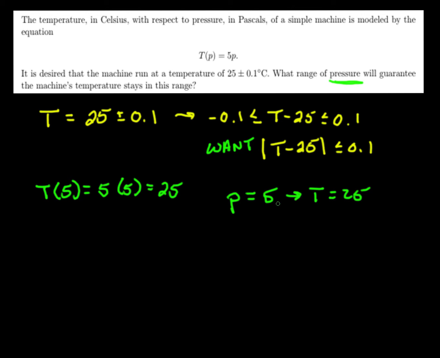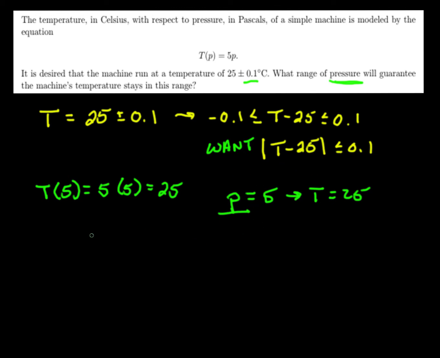But there's a little bit of wiggle room allowed here. I can be up to 25.1 degrees Celsius or as low as 24.9 degrees Celsius. Which means I get a little bit of wiggle room on the pressure, and I'd like to know what kind of accuracy my pressure, what range does it have to be? So let's come back to this.